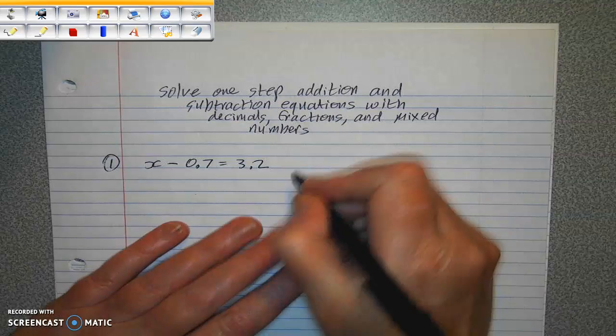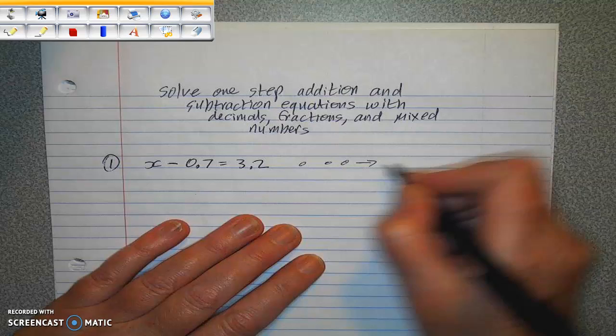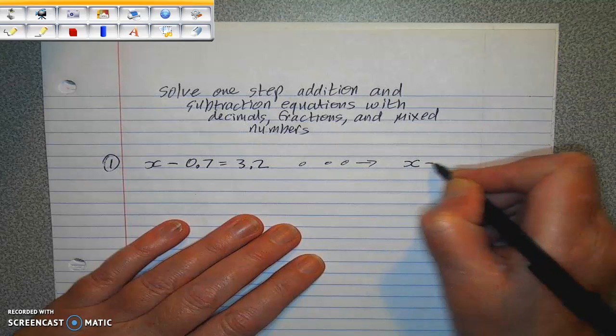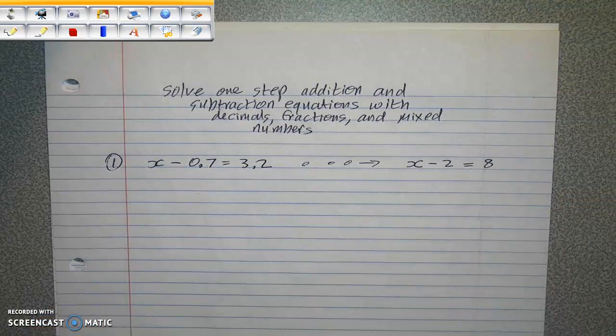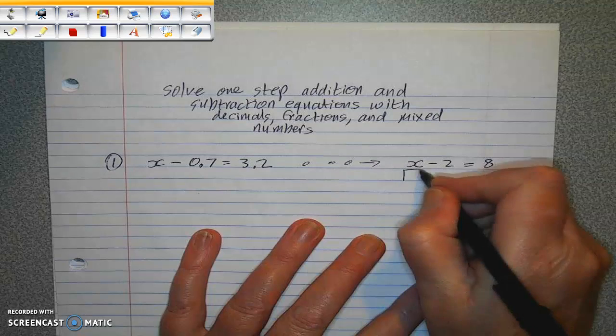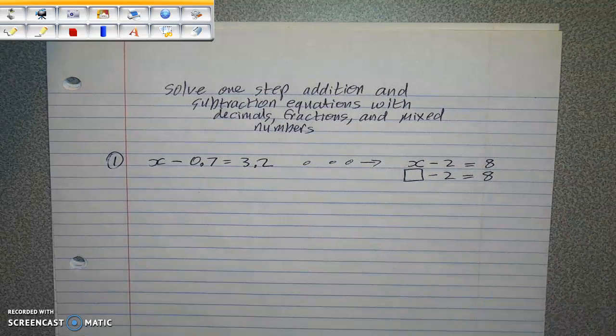What I want you to think of when you're looking at this is a similar equation with whole numbers. And what would you do with that one? So some number, you take away 2 and you get 8. Some big number, you take away 2, and the answer is 8 after you've taken away the 2. So the answer is 10.